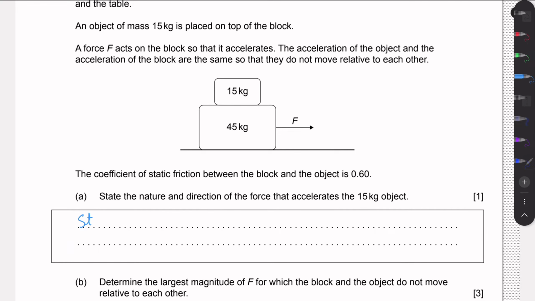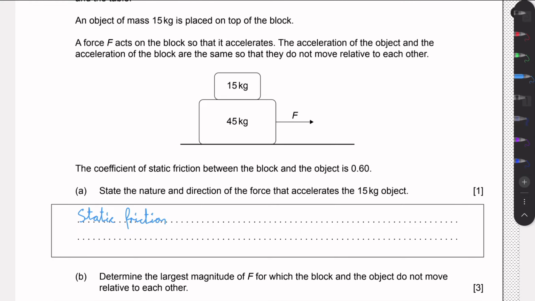So we can say static friction, as this is what keeps the blocks from sliding on each other, and it's static because they're not moving. If they were moving, the surface between them would be moving, then it would be dynamic friction, but we just say static friction here. We can also say between the blocks, and then we still need to state the direction as well.